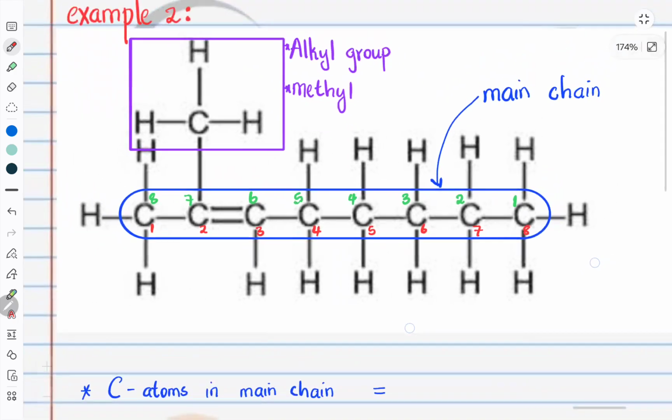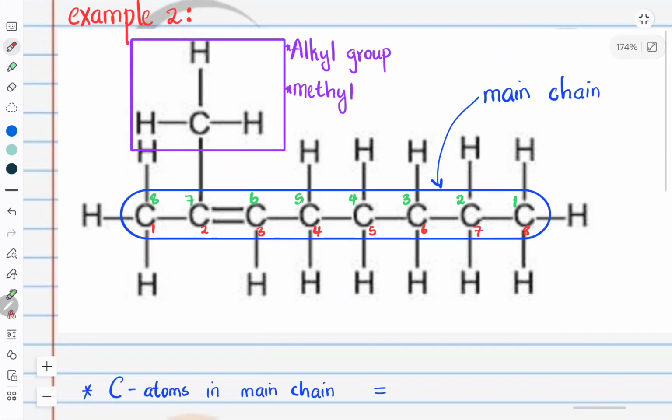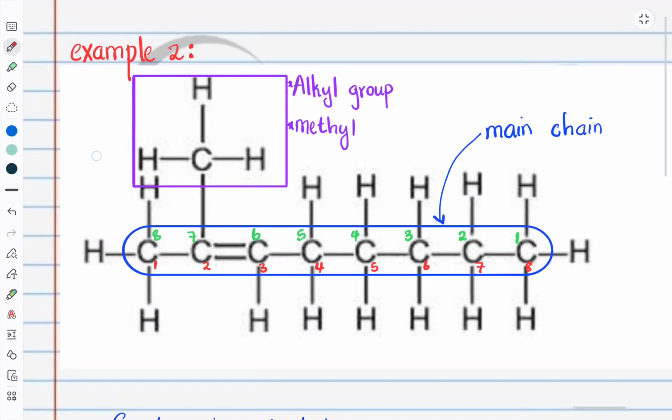So which side do you think is better to number from? Is it from left to right, or from right to left? If I check here, it's best for us to number from left going to right. Why? Because remember, the double bond has to take preference.